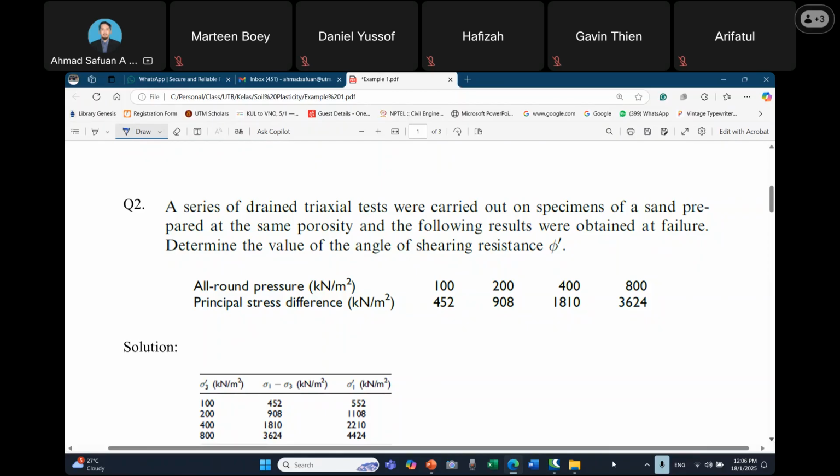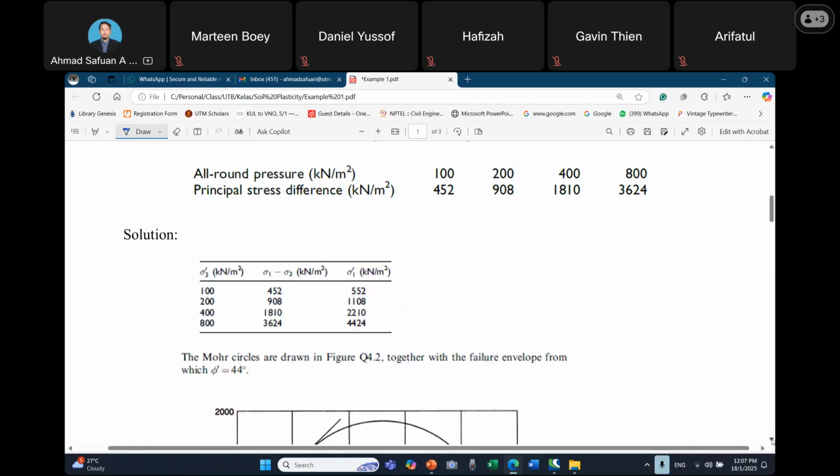To get sigma 1, the all-round pressure should be added to the principal stress difference. So we make a table with sigma 3 of 100, 200, 400, and 800.